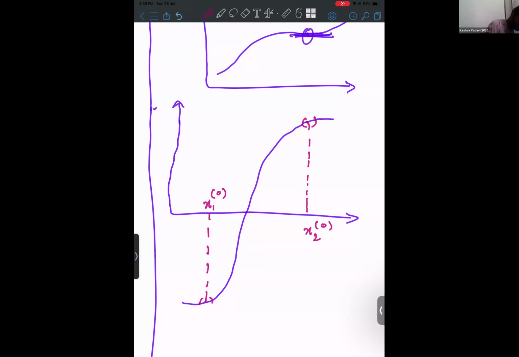So if you take the mean, suppose your mean comes somewhere around here. So this will be my x2 at first iteration. Now these are my interval. If we take the mean of these 2 points, it will come somewhere around here.